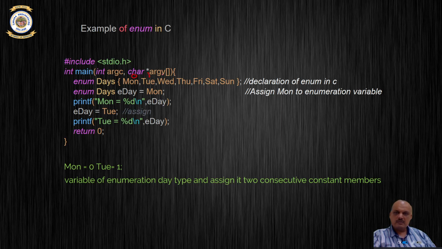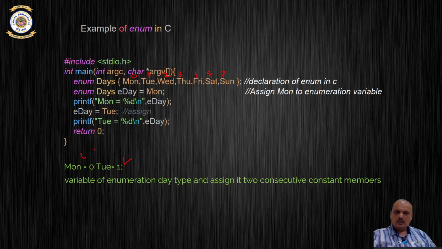So Tuesday becomes 1, Wednesday becomes 2, Thursday becomes 3, Friday becomes 4, Saturday becomes 5, and Sunday becomes 6. Okay, so once I print it out, it prints out 0. And in the next line I have assigned eday to Tuesday, so that prints out 1 as expected because Tuesday has been tagged to 1.